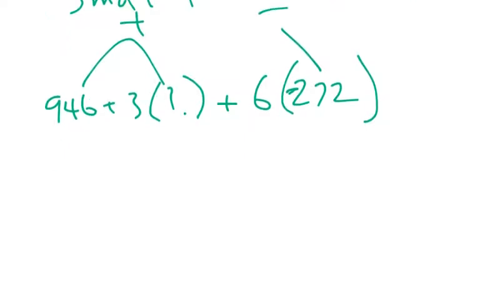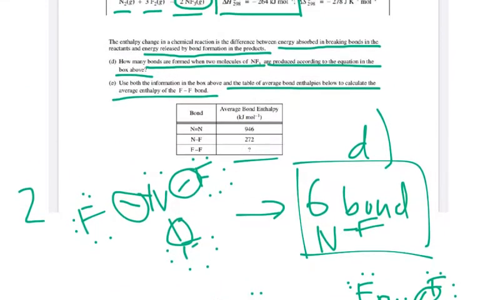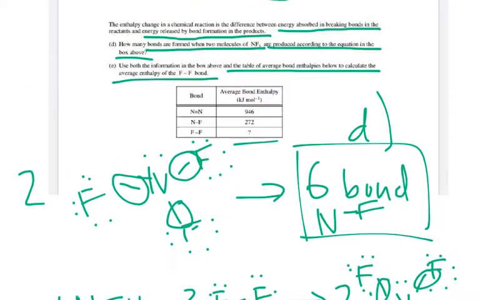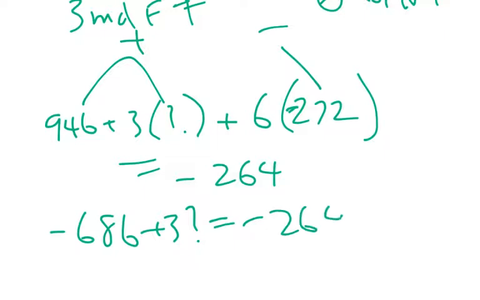So adding this all together, it has to equal the net enthalpy for the reaction, which is negative 264. Doing the math, we have to simplify this first. So 946 plus 6 times negative 272. We get negative 686 plus 3 question mark is equal to negative 264.